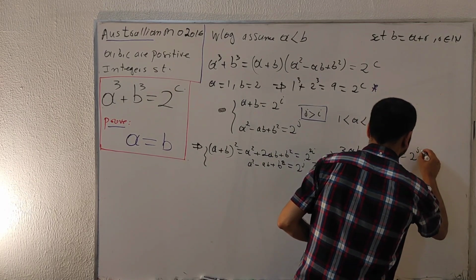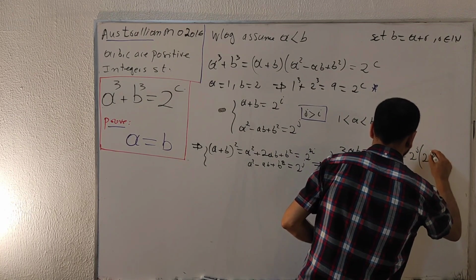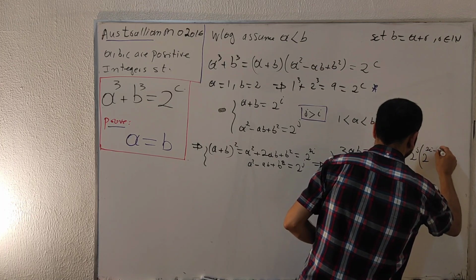So we'll have 2 to the J times (2 to the 2I minus J, minus 1).